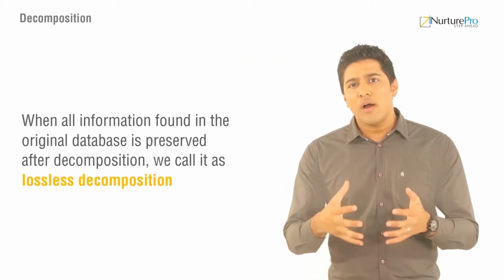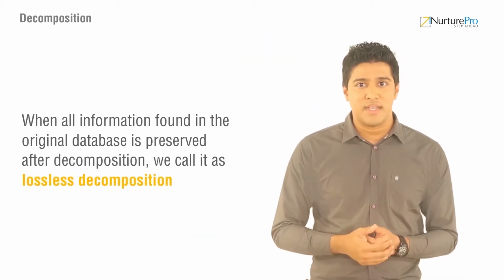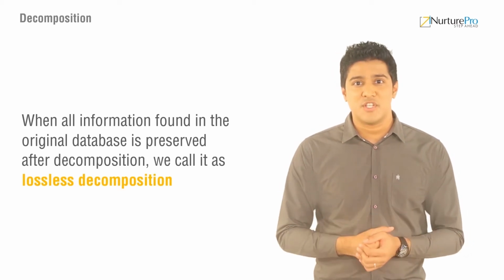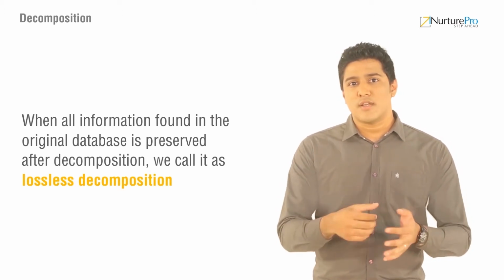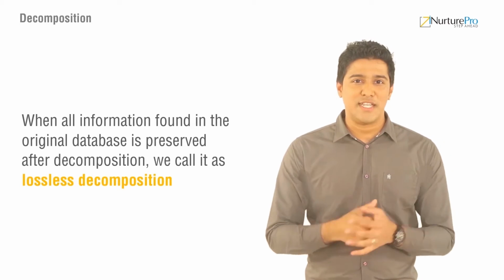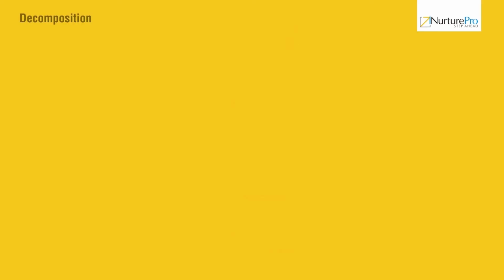If we are unable to take the data to its original form, then we can say that we have lost some information. So when all information found in the original database is preserved after decomposition, we call it lossless decomposition or non-lossy decomposition.